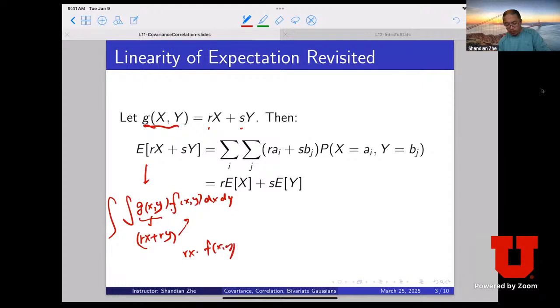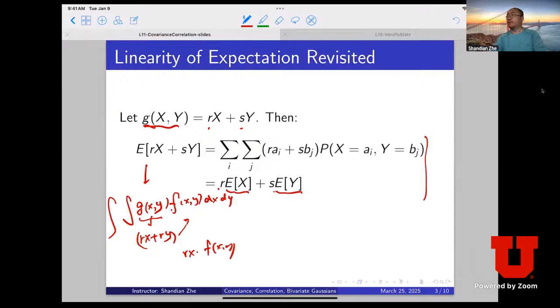Eventually we arrive at computing the expectation of X and the expectation of Y, then multiplying them by the coefficients r and s respectively and adding them together. We highly recommend everyone replicate the proof by yourself, to strengthen your understanding of those definitions, like the marginal density function and joint density function, and how we get the marginal density function from the joint density function. We're not going to repeat it here.